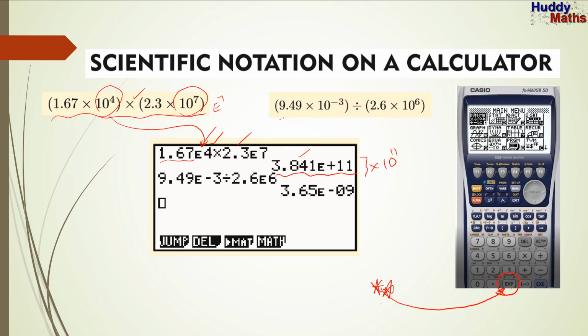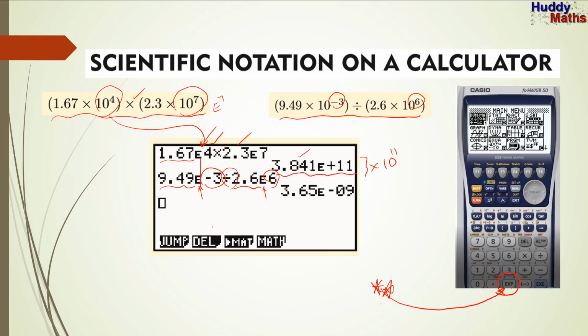So let's look at this second problem here. 9.49. And now it's E, which is power of 10. You must have negative because it's 10 to the neg 3. And now we're going to divide by 2.6. And here again, E to the 6 this time. So it's a positive power.